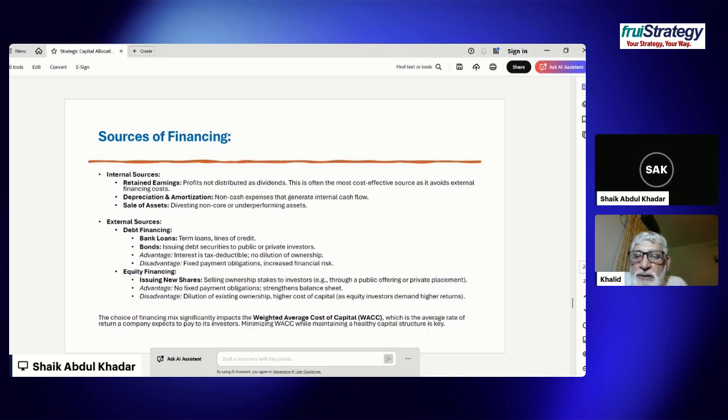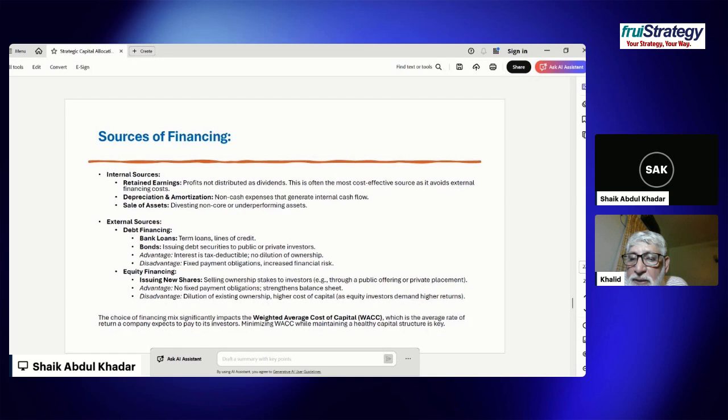The advantage is that there is no fixed payment obligation and it strengthens the balance sheet. The disadvantage is that it dilutes the existing ownership. The cost is higher, as the cost of equity is higher than the debt finance. So that is because there is more risk in it. Therefore the cost is higher.